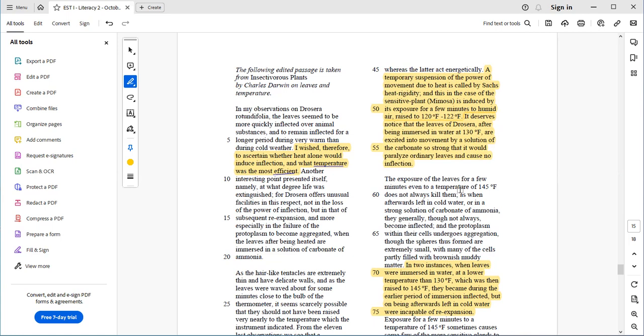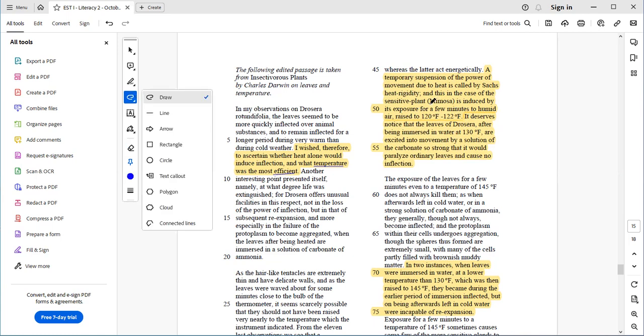And in the case of the sensitive plant mimosa, he didn't say Drosera, he said mimosa, another one, it is induced by exposure for a few minutes to humid air, raised to 120 degrees Fahrenheit to 122 degrees Fahrenheit. It deserves to be noted that the leaves of Drosera, thank you. Yes, Drosera was mentioned here, but he mentioned mimosa, another kind, in the beginning, to show how it's different.